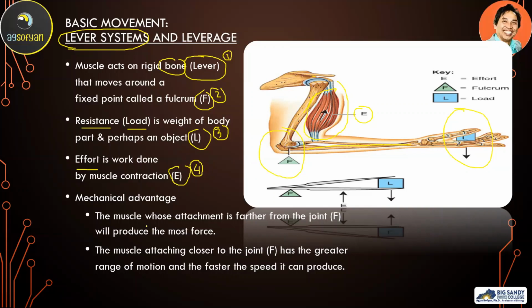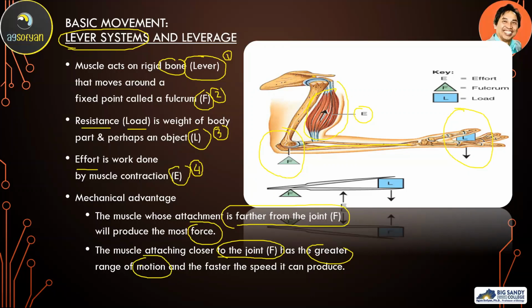The muscle whose attachment is farther from the fulcrum, or from the joint, usually gives stronger force. For example, our thigh muscles give a very strong force when we kick something from our hip joint. The muscle that attaches closer to the joint gives a greater range of motion. For example, in our hand, our fingers, the attachments are very close to one another.